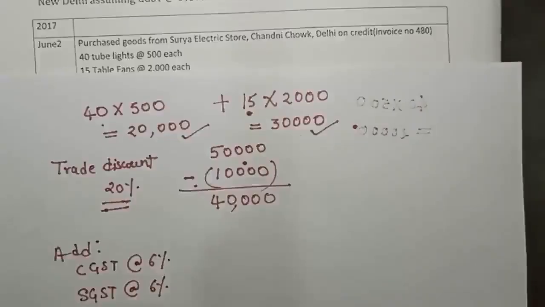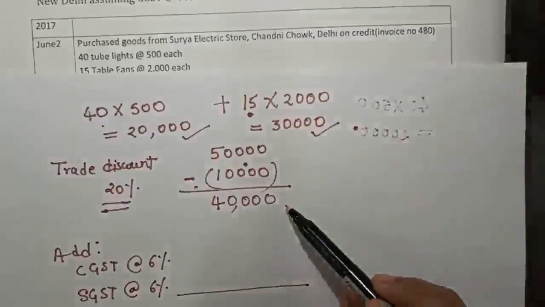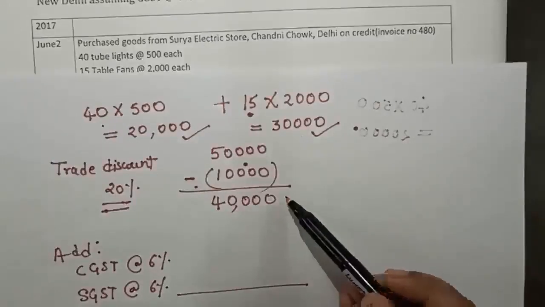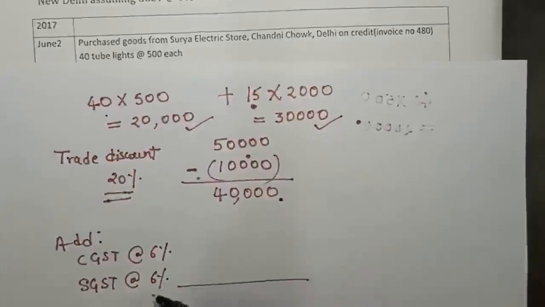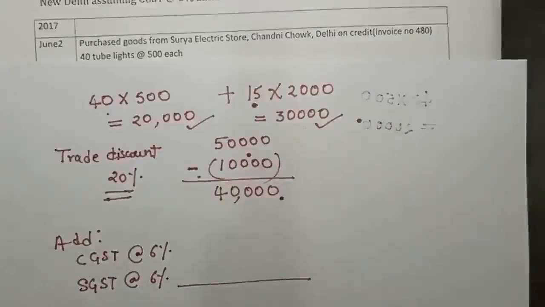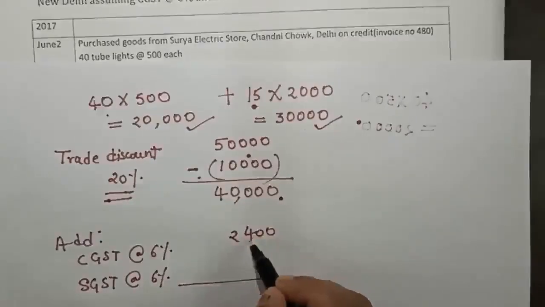We are going to calculate them on the amount of rupees 40,000, the amount after the trade discount, on which we are charging the tax at the rate of 6% each. So it will be rupees 2,400.